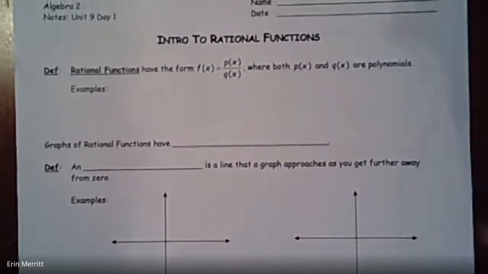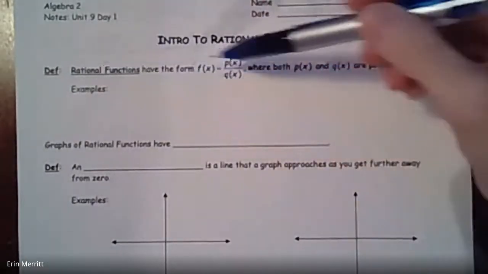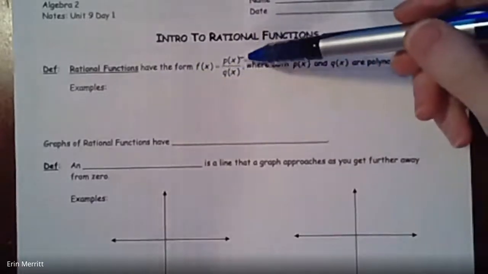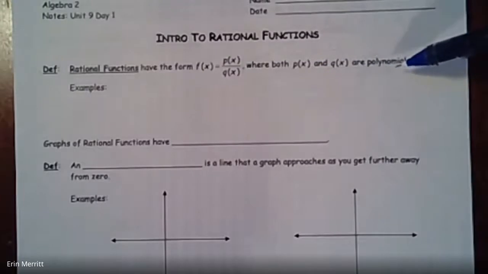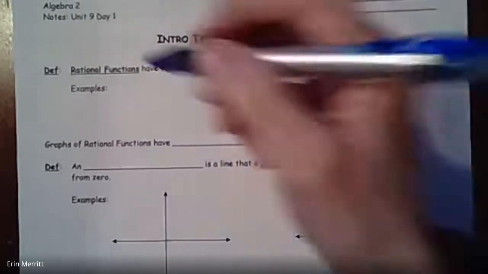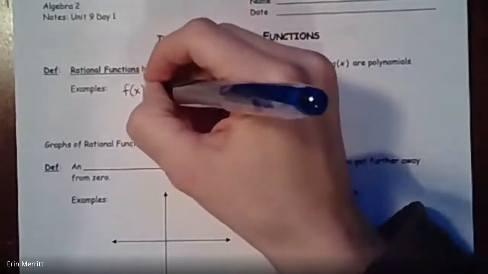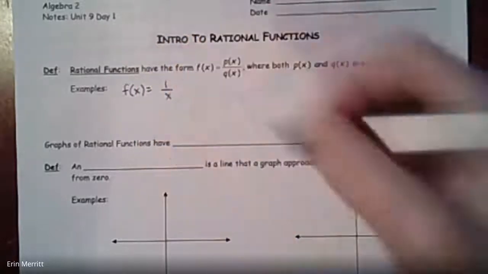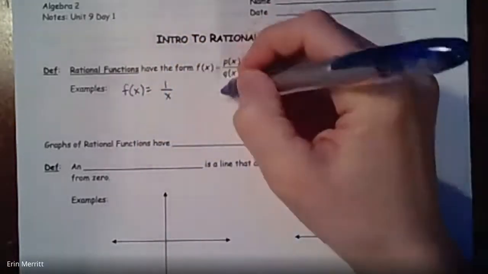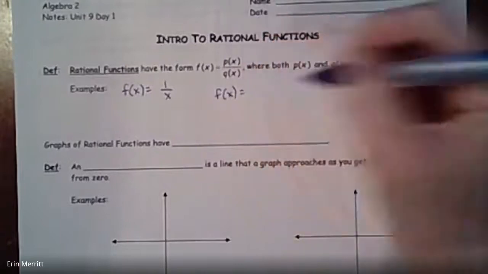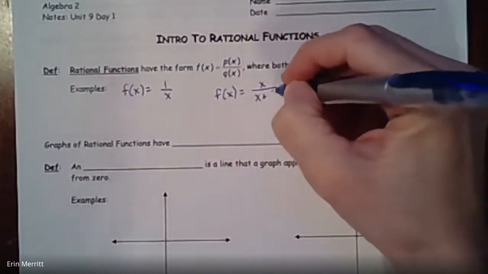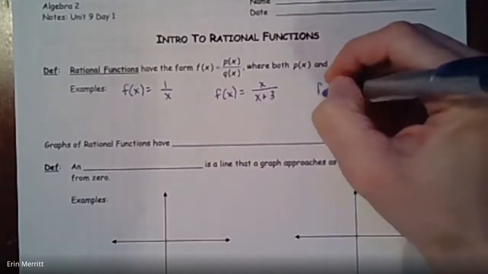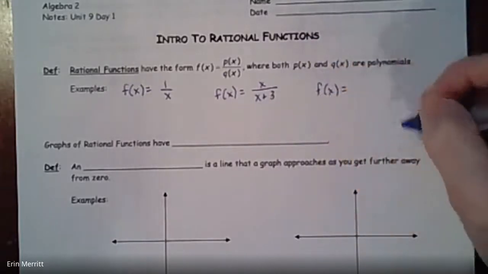Rational functions have the form f of x equals p of x divided by q of x, where p of x and q of x are both polynomials. So that's what I meant about the fraction thing. It can be as simple as f of x equals 1 over x. That would be a nice simple one to look at. Or you could have larger polynomials where maybe you have a binomial in a piece of it, or you could even have trinomials and so on.